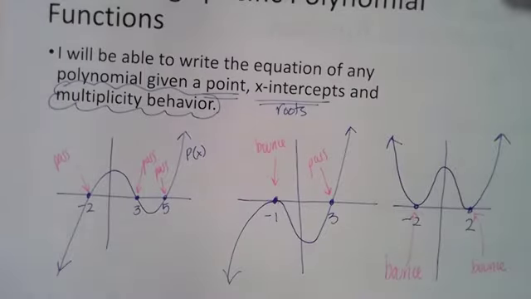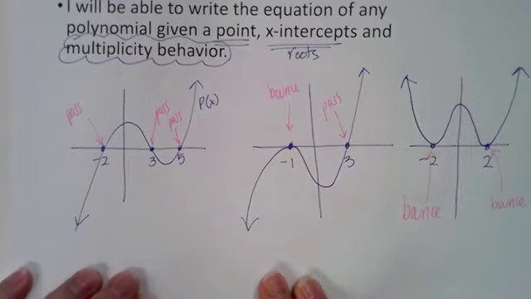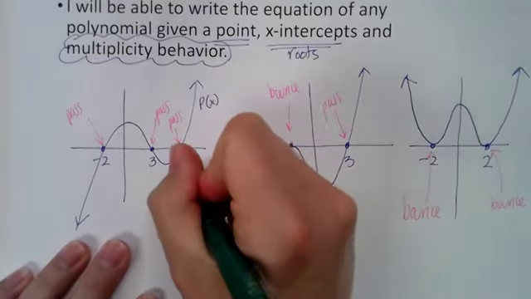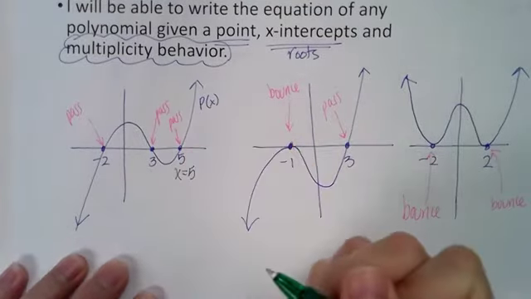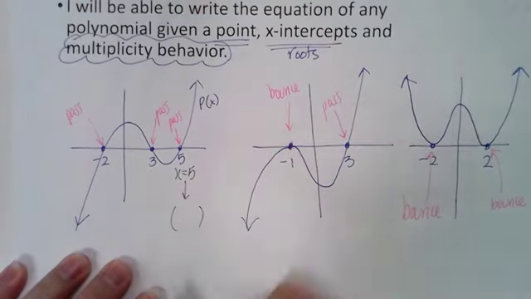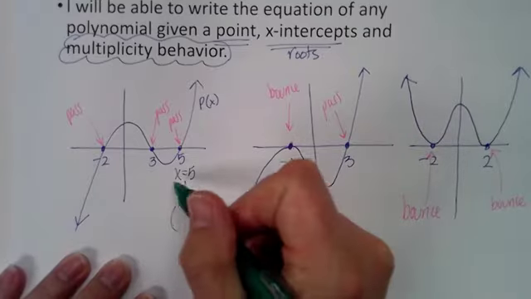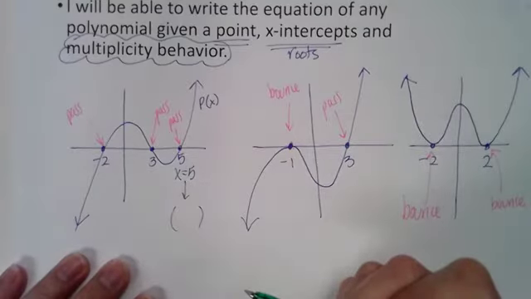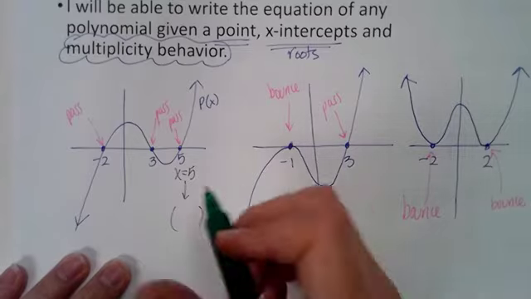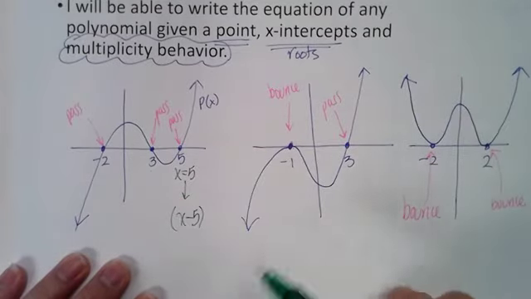I can very easily write equations if I know, for instance, that x equals 5. What bubble did it come from to get that solution? X minus 5.